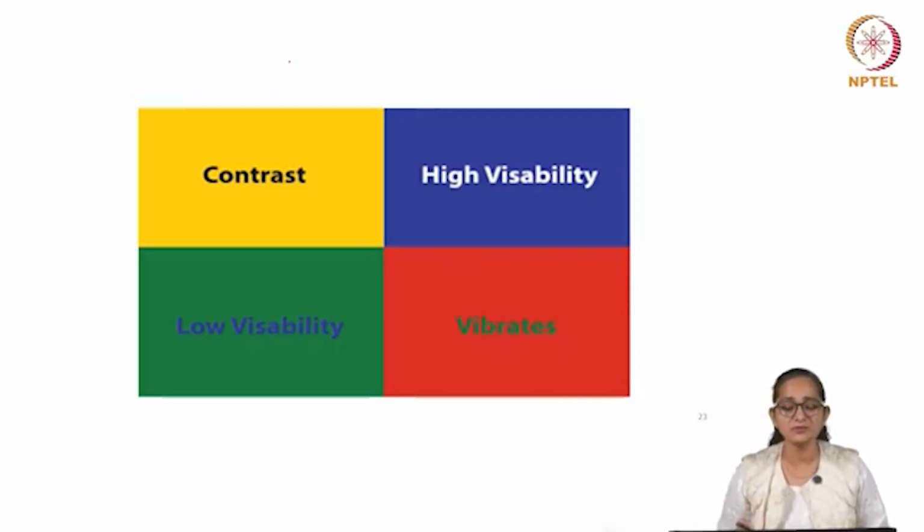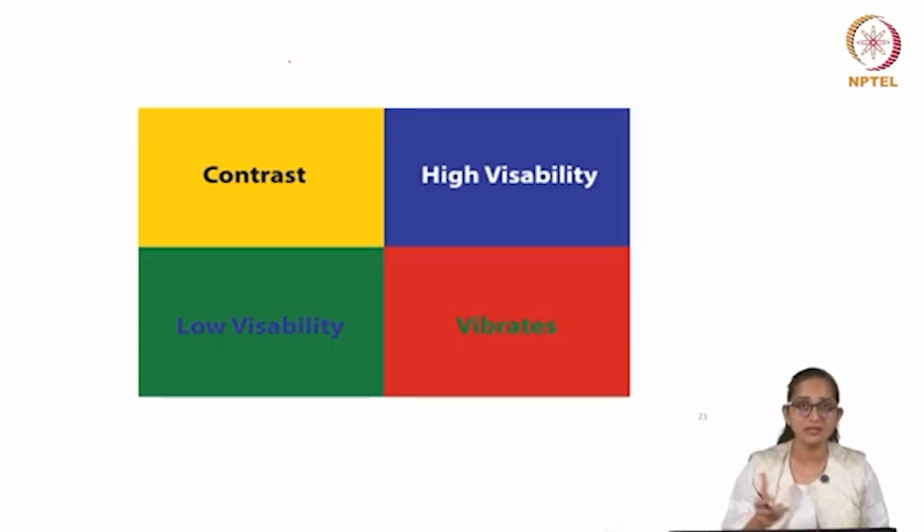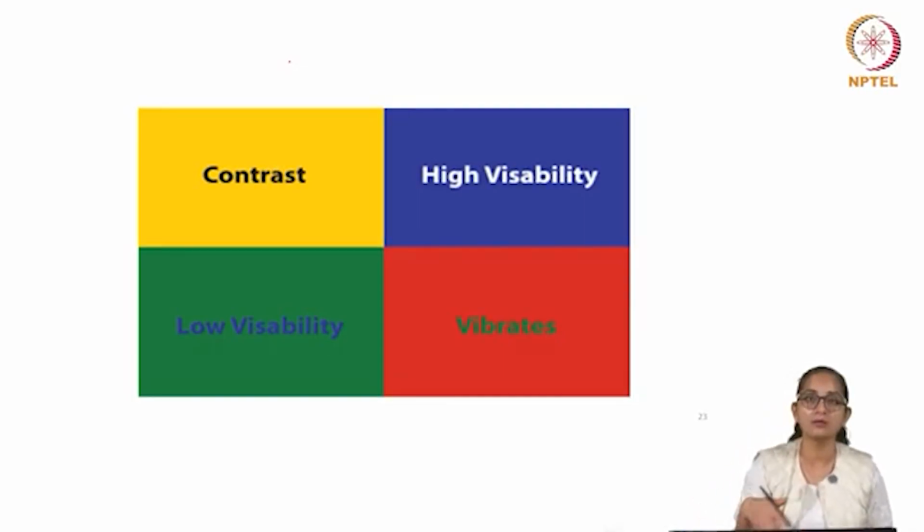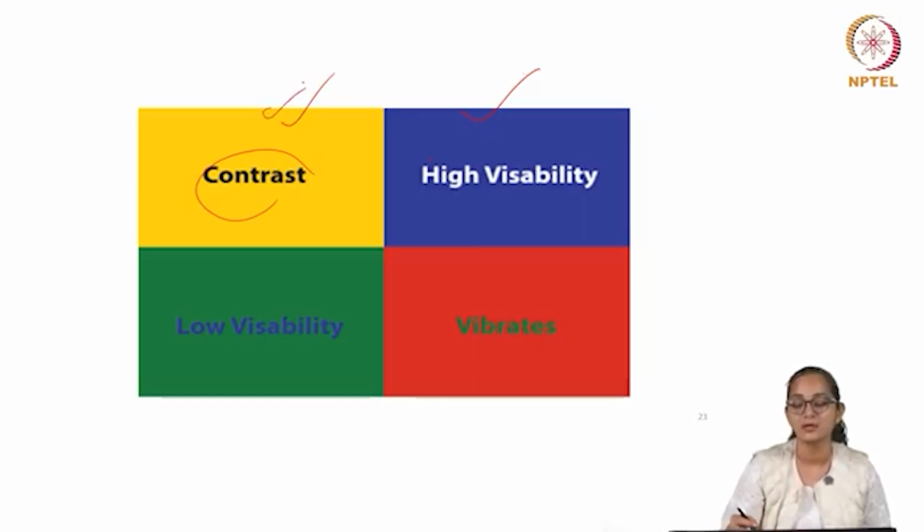Similarly, it's not just about the numeric contrast, it is also about what color you are using. For example, numerically all of them follow the 4.5:1, but this is something which is there on the road as well, black on yellow, the signages.